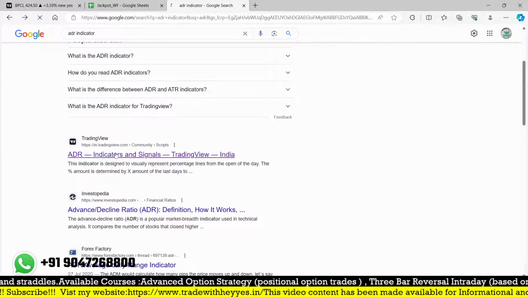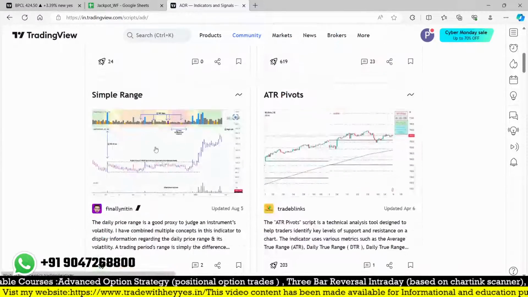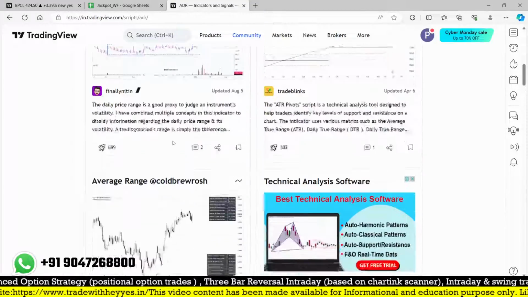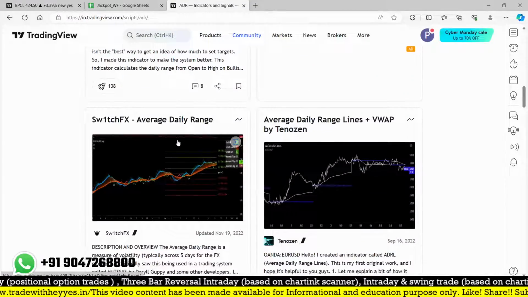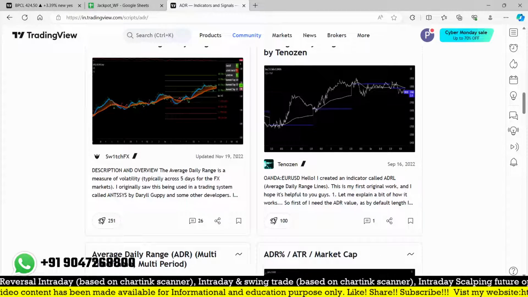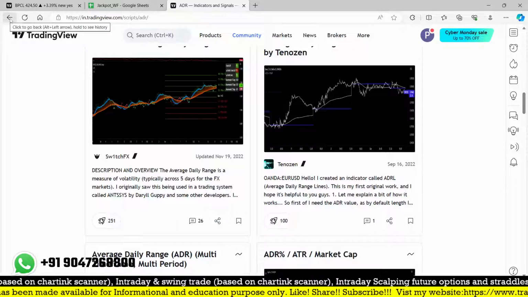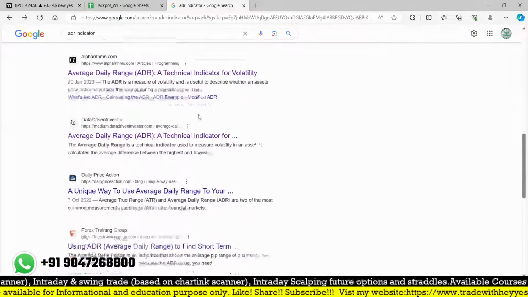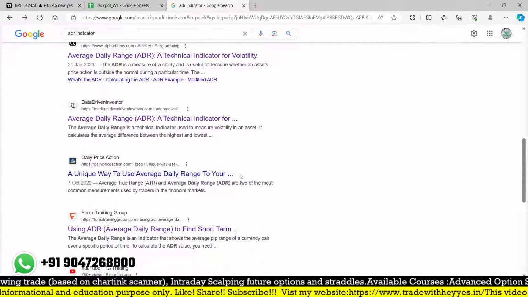I searched for ADR indicator in TradingView, some indicators are also available, but they look not good. Here also you can see something like the 5 days ADR. I used 5 days and 10 days. It depends on the scanner or on that particular indicator.